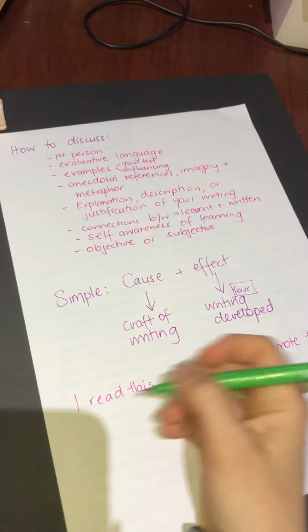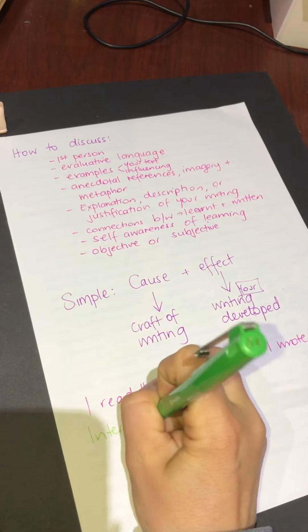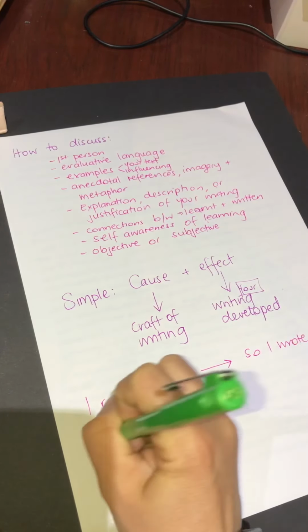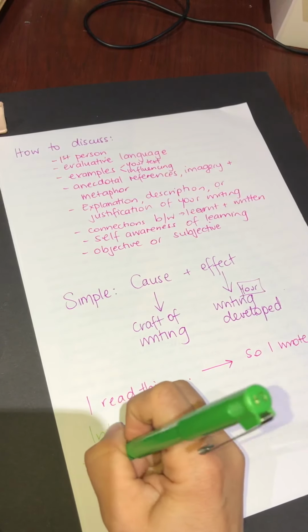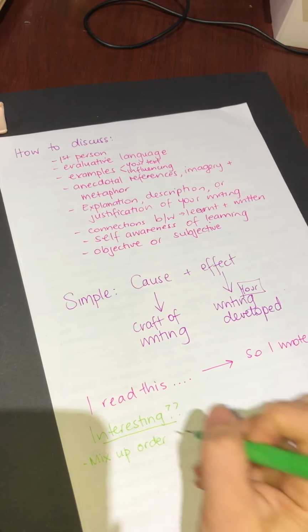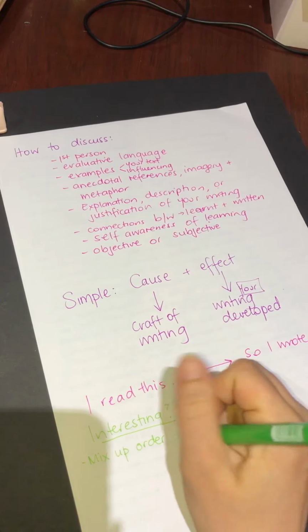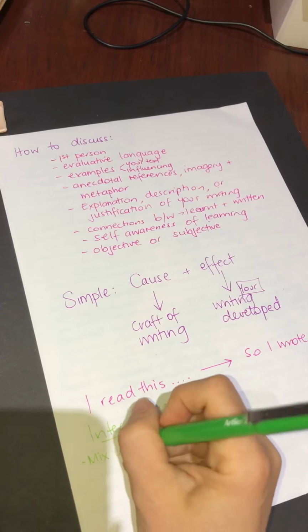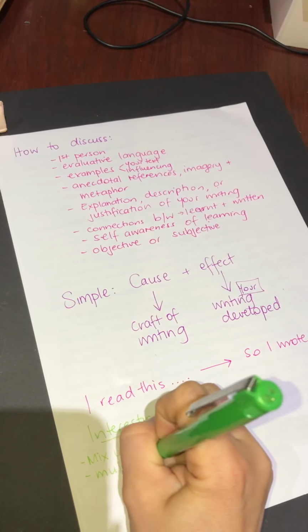Some suggestions. Perhaps you can occasionally mix up the order of reflection. Don't always say, well, the writer did this and therefore I did this in reply. Okay, you could include multiple influences.